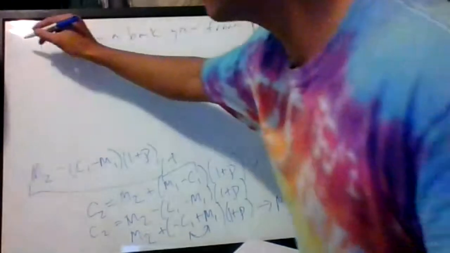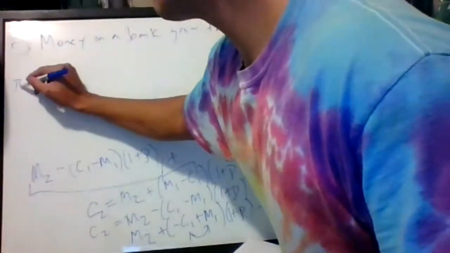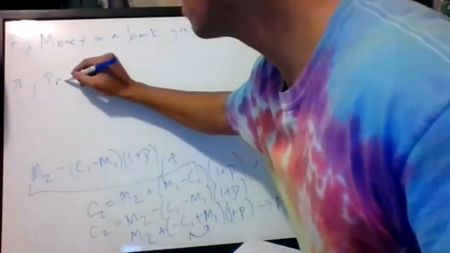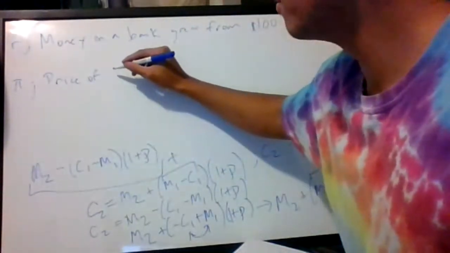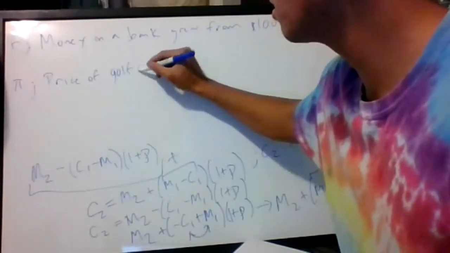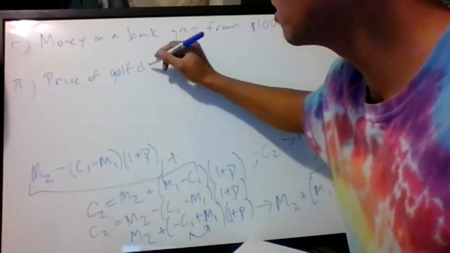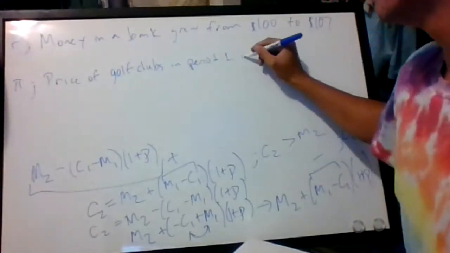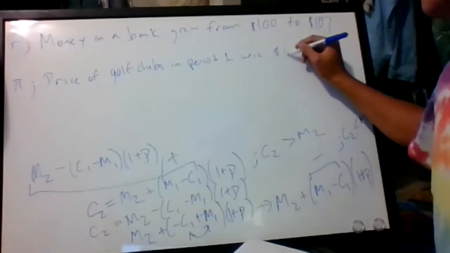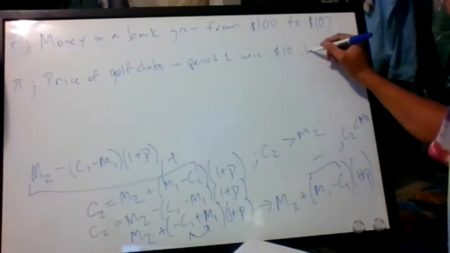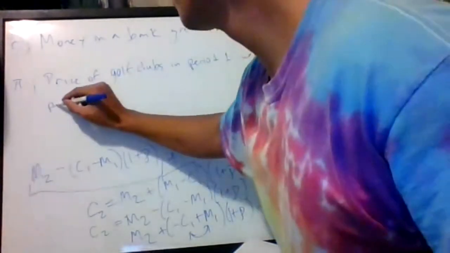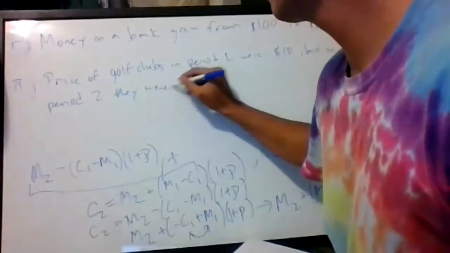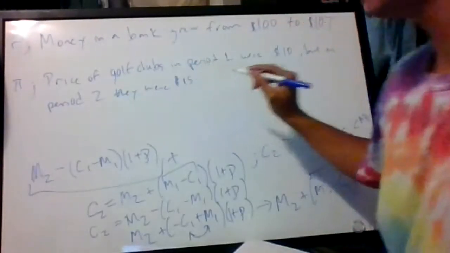A way that he might say inflation is that the price of, I don't know, golf clubs in period 1 were $10, but in period 2 they were $15.